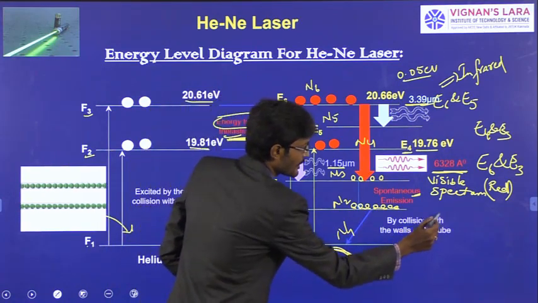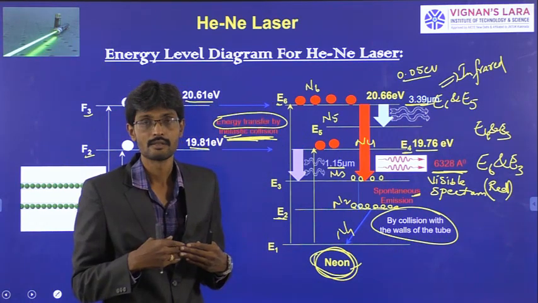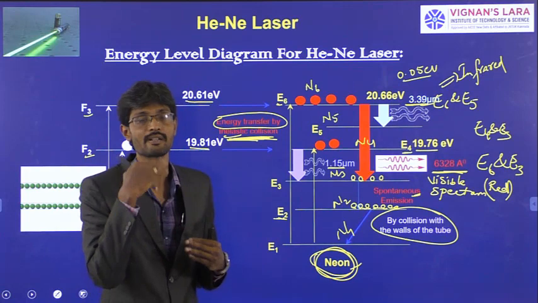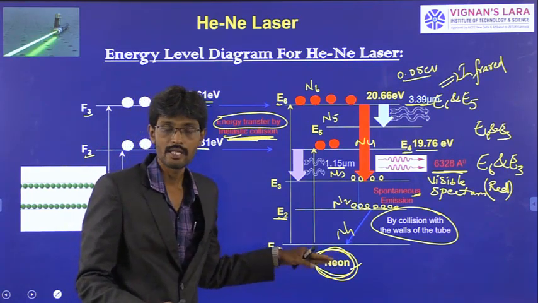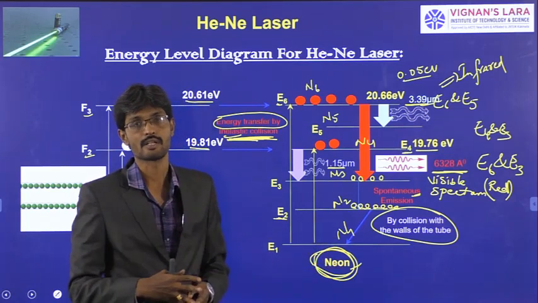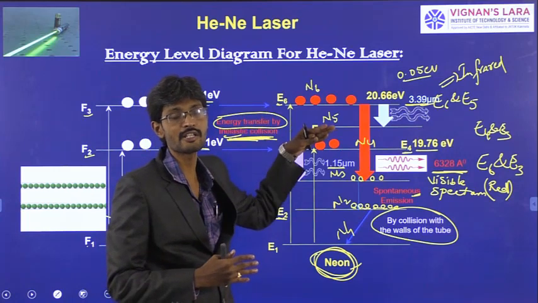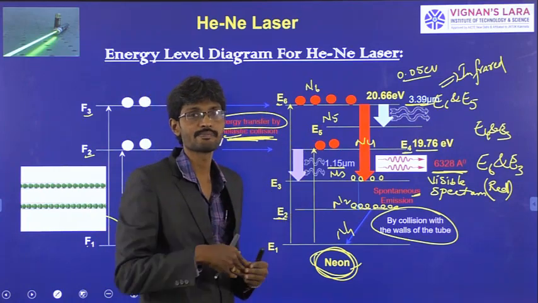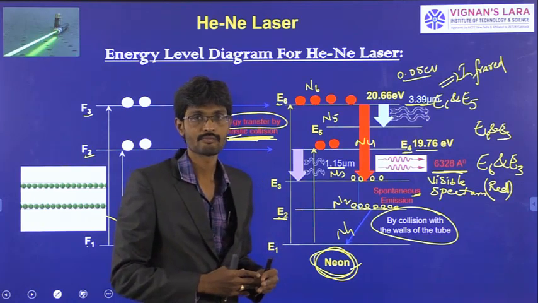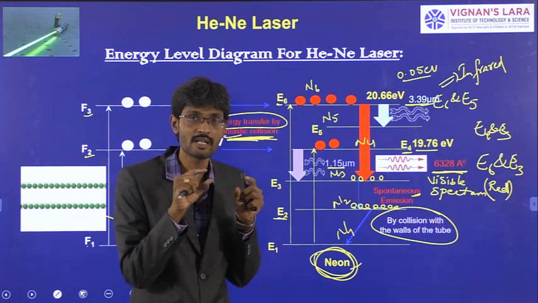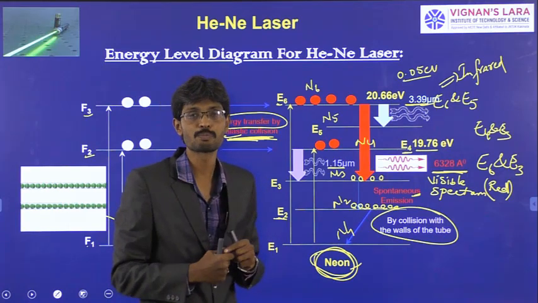So by making collisions with the walls of the discharge tube, we make the neon ions come back to E1. As a result, at any moment of time, there will be neon ions in the ground state. As a result, the pumping of neon ions to E4 and E6 will continue, and we get a continuous laser as output. Okay, here we made an arrangement in designing the discharge tube to produce a continuous laser as output in the helium neon laser.